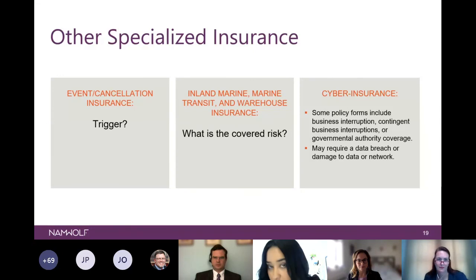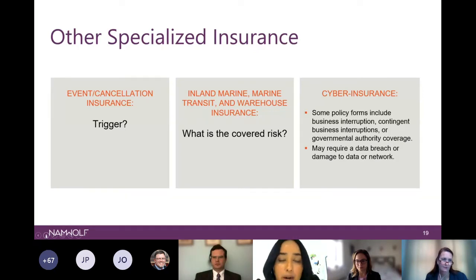Other things to consider is that in order for this policy to be triggered, the insured will have to show that there has been some data breach or some damages to the data or network. So while coronavirus may be covered, the burden is still on the insured to show that there was a data breach or some damage to data.